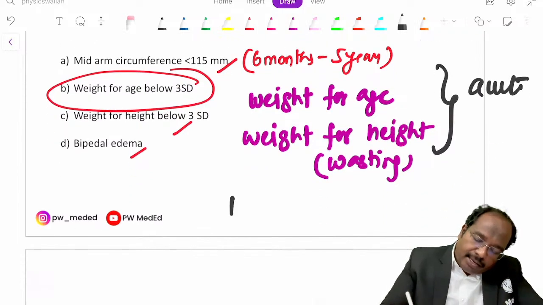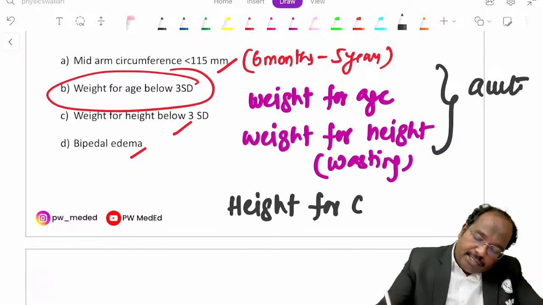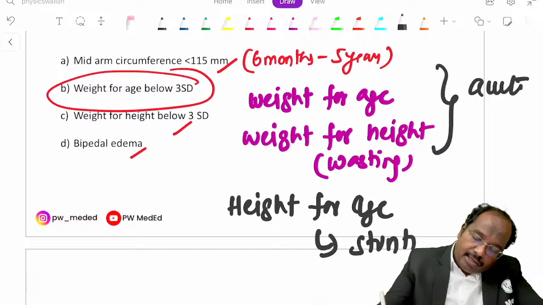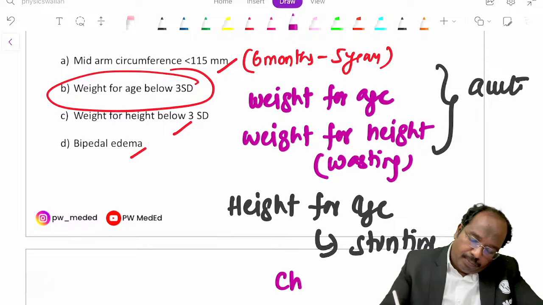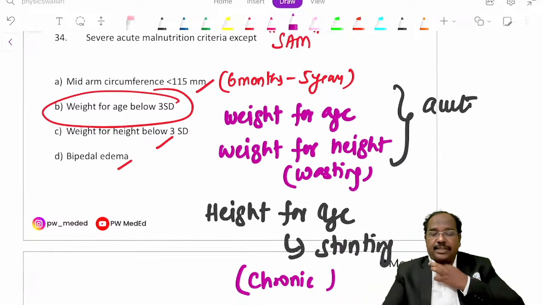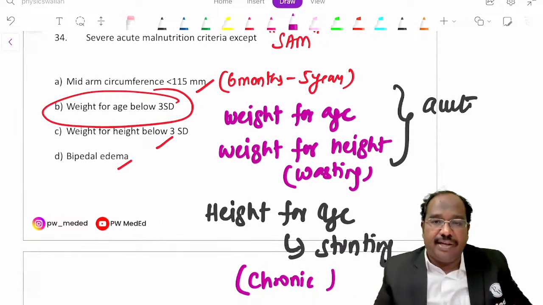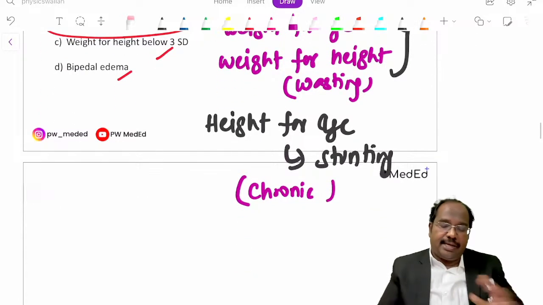Height for age indicates chronic malnutrition. This is stunting, which indicates chronic malnutrition.